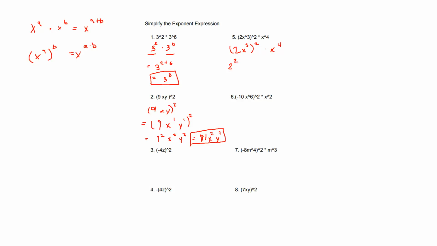It's 2 squared times x to the power of 3 times 2 times x to the power of 4, right? Just like right here, just multiplying these two exponents. And this simplifies to 4 times x to the power of 6 times x to the power of 4. That simplifies to 4 times x to the power of 10.